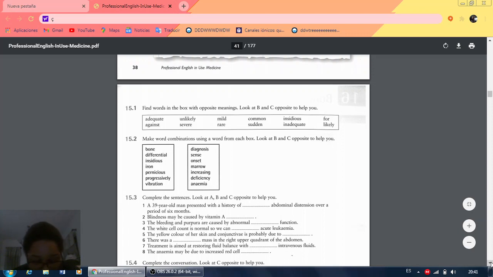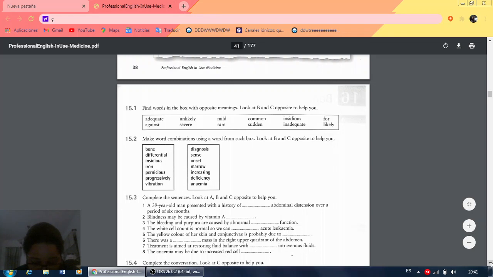The cause might be vitamin B12 deficiency. The white cell count is normal, so leukemia is excluded. There was a mass.